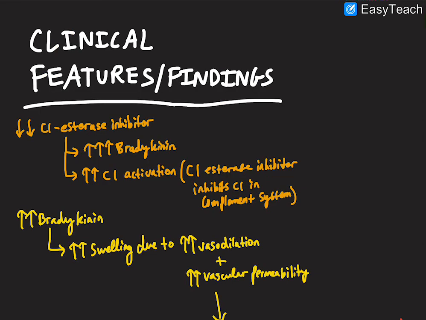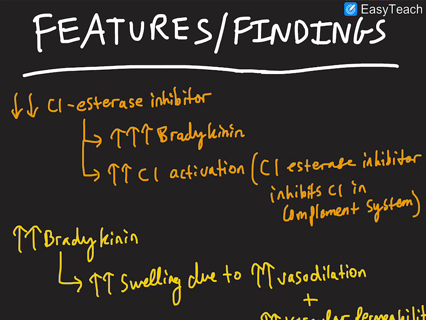So let's see the clinical features and findings based on what we talked about. In this disease, you have low C1 esterase inhibitor, hence the name C1 esterase inhibitor deficiency. If you don't have C1 esterase inhibitor, you can no longer inhibit kallikrein and you can no longer inhibit factor 12.